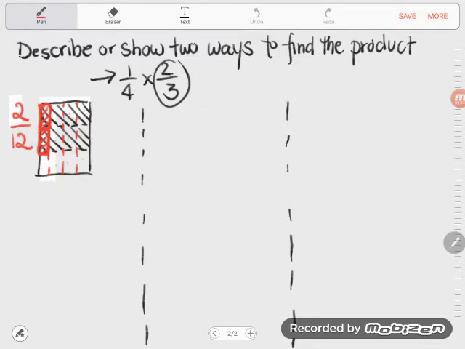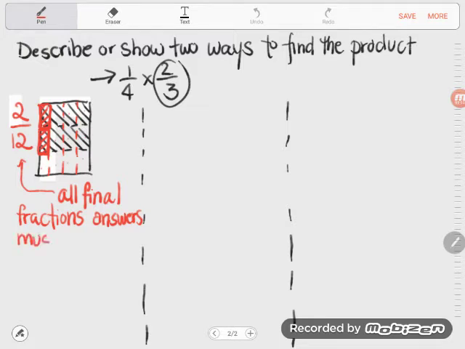And this is a correct answer, but I will remind you, as always with fraction answers, that all final fraction answers should be reduced. So even though this is a correct answer, it is not a finished answer, because all the mathematicians in the world got together and decided, since there are so many names for the same value when it comes to fractions, we will all use the reduced version for our final answers, so that we'll be in agreement.